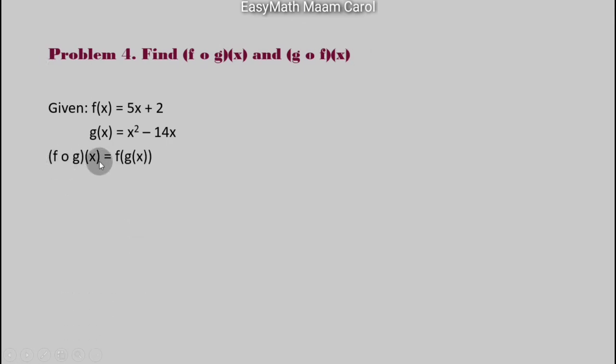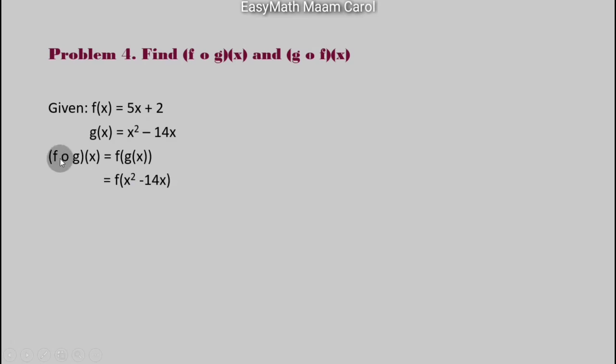Finding the f of g of x is actually parang papalitan mo yung f of x natin, pero instead na x, ang ilalagay natin sa loob, yung expression na g of x. Okay? Ilalagay mo siya sa loob. So, kung ito yung g of x, ipapasok lang natin siya dun sa loob.